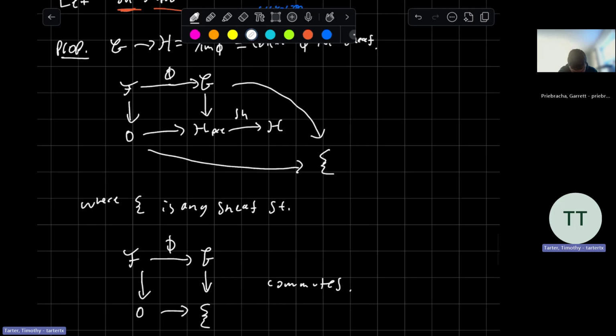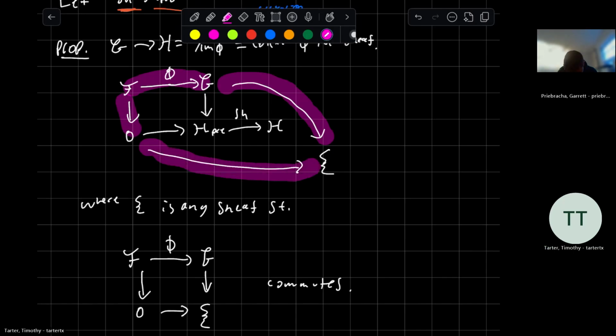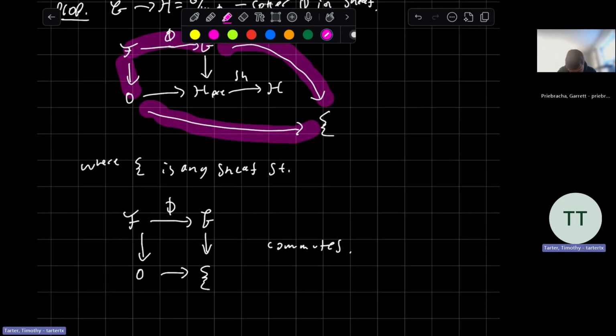So basically, if this commutes, then we end up having this thing.